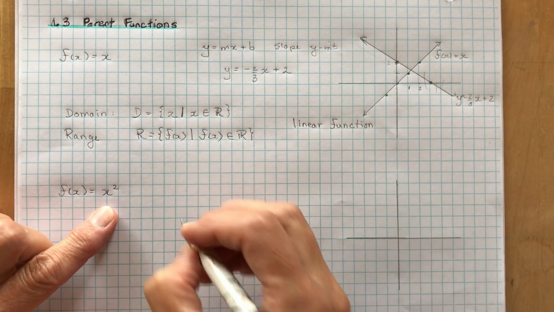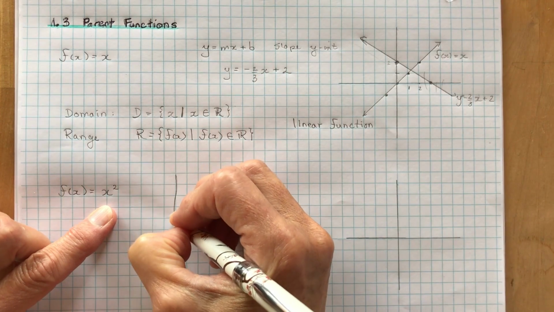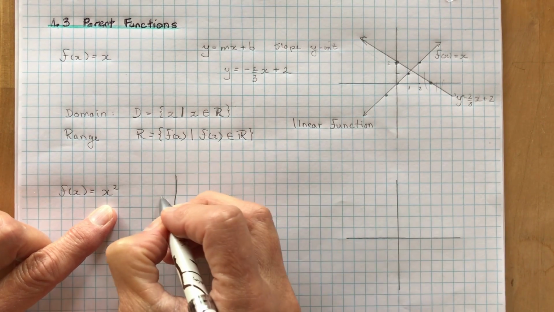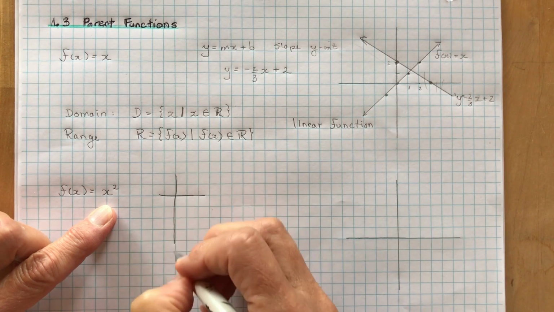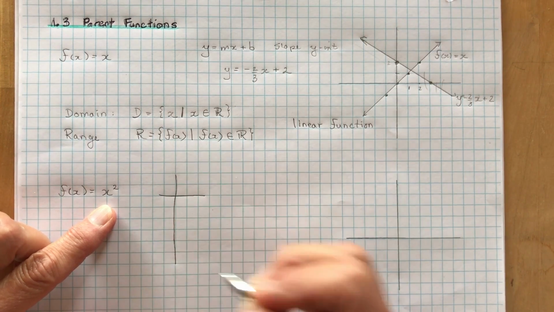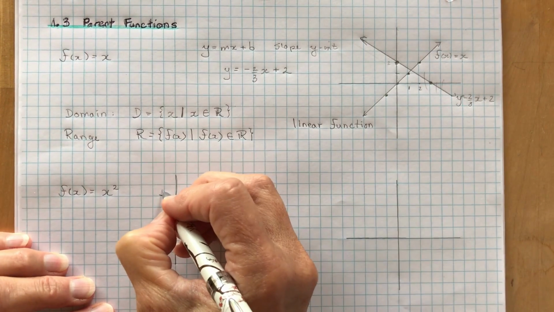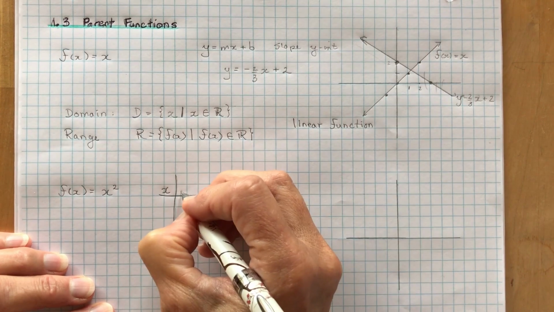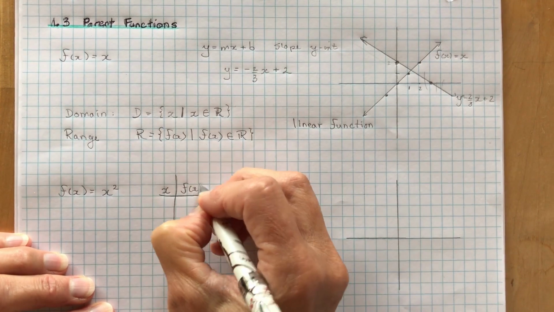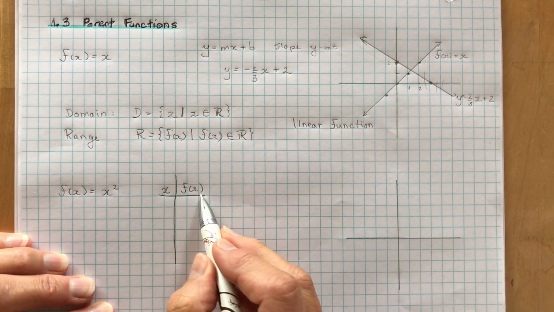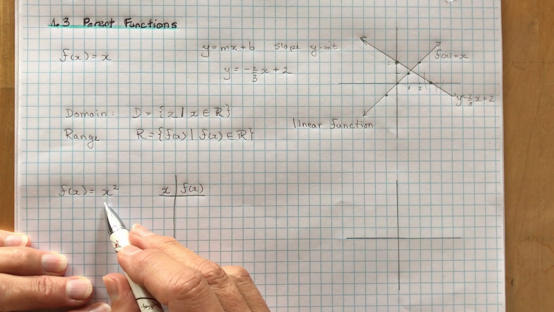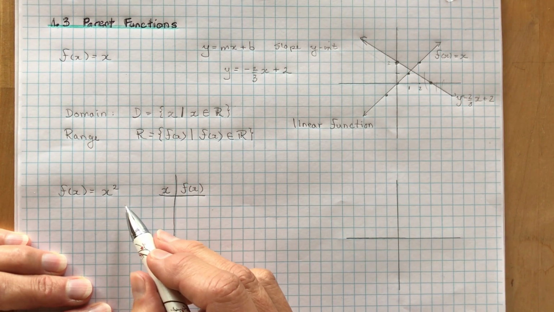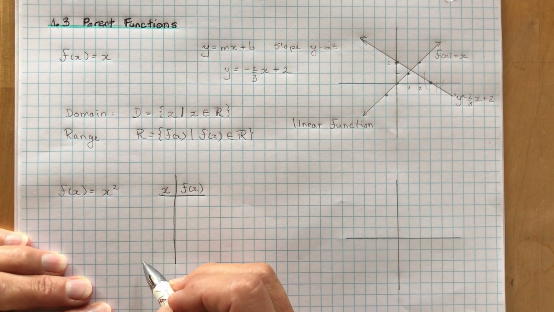And if you want, you could do a table of values. Now, some of you may have learned a step pattern for quadratics, which is also a good idea. So I'm going to put x here, and this is going to be f(x). In other words, my x coordinate, my y coordinate. When you're graphing a quadratic function, it's very important to use both positive and negative values.